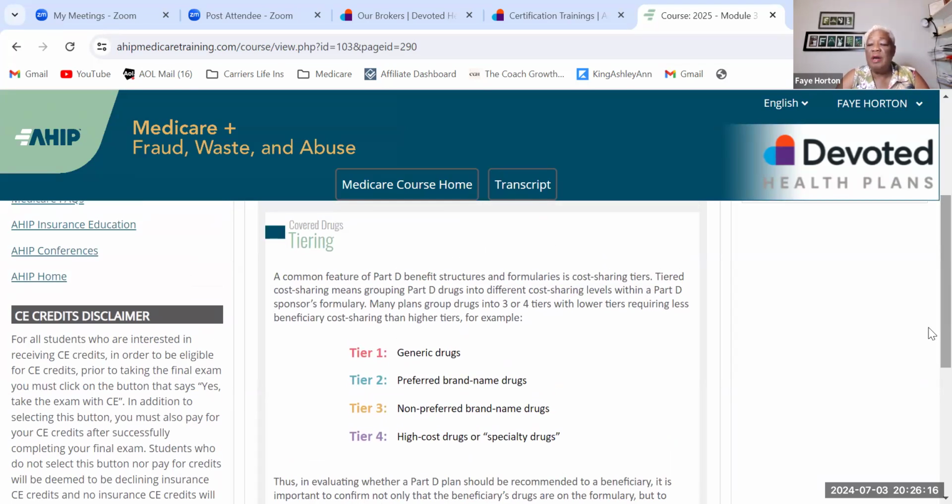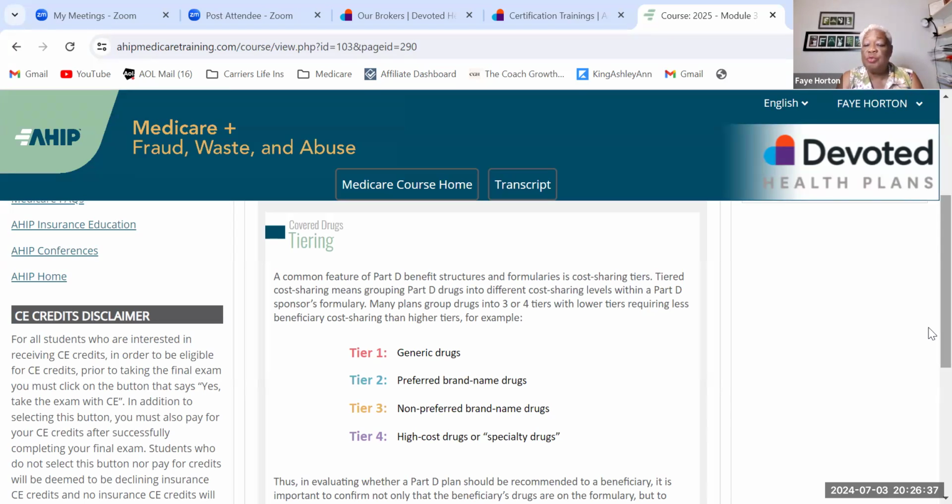The covered drugs are based on tiers. A common feature of the Part D benefit structure and formularies is cost-sharing tiers. Tiered cost sharing means grouping Part D drugs into different cost sharing levels within a Part D sponsor's formulary.